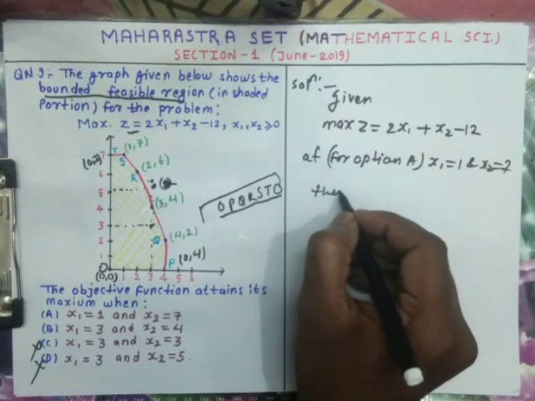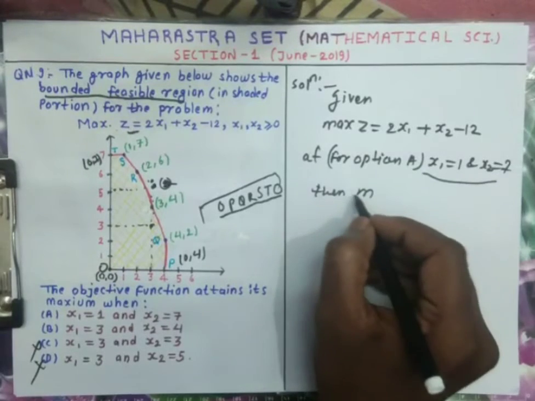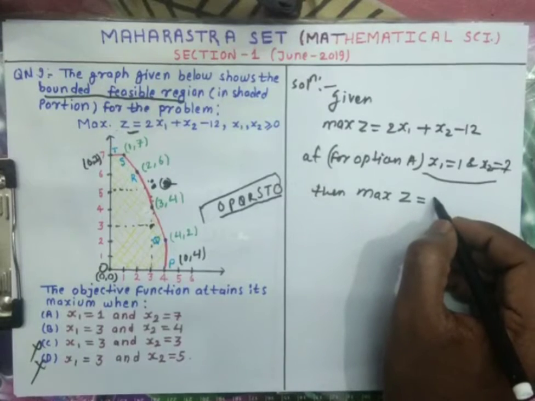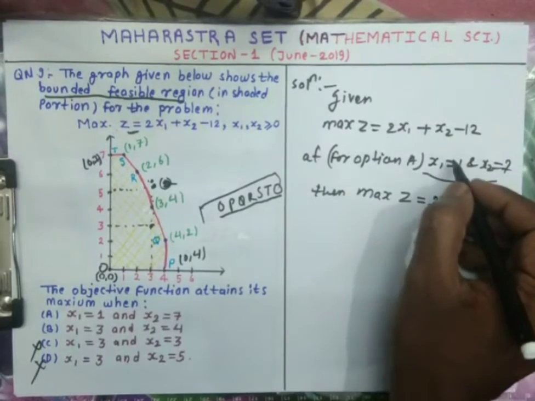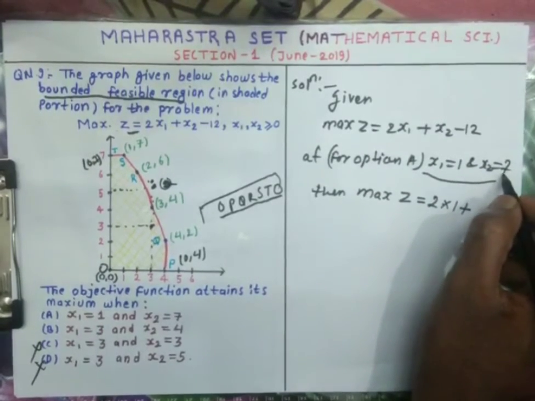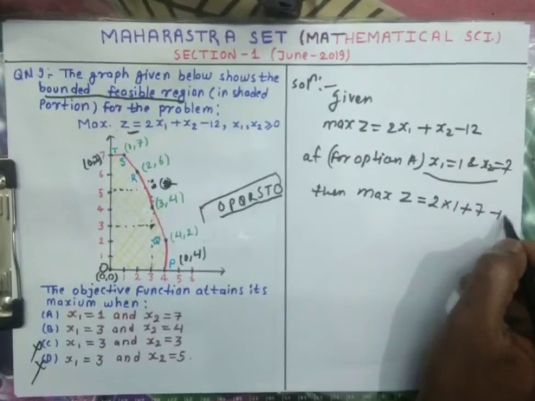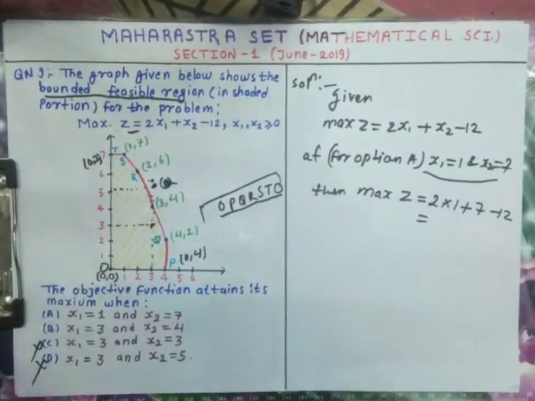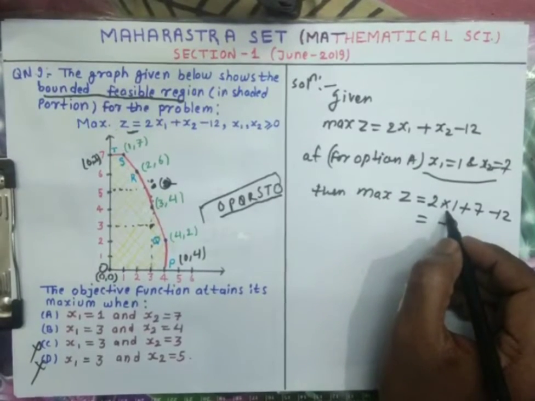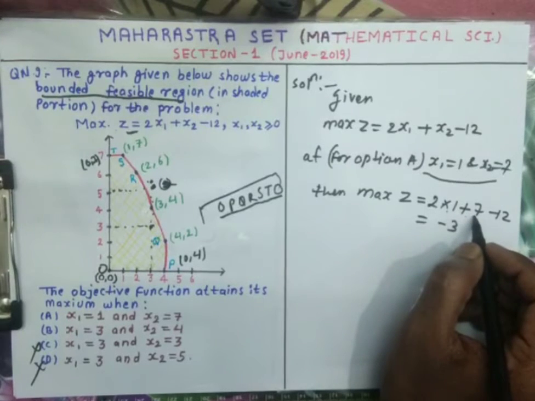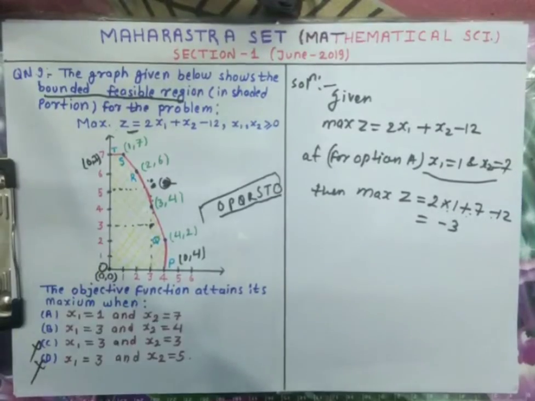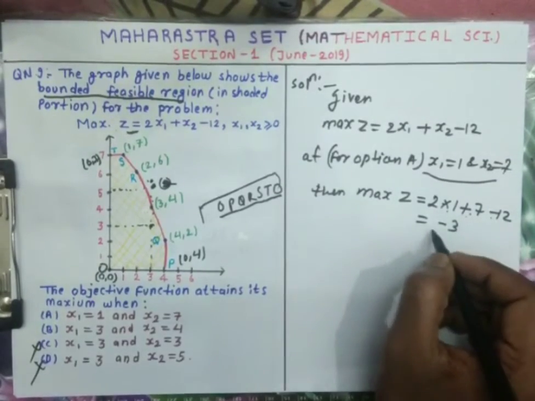Then z equals 2 into 1 plus 7 minus 12. 2 plus 7 is 9, and 9 minus 12 equals minus 3.